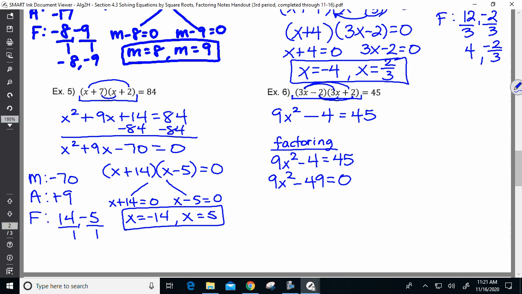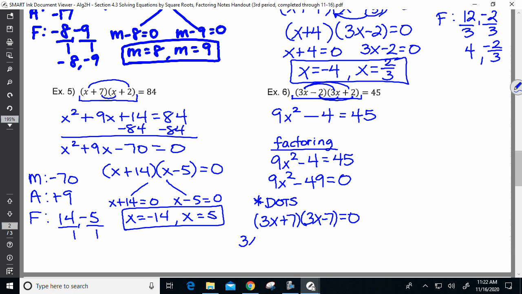So in terms of factoring, there is no greatest common factor, but the 9, the x squared, and the 49 are all perfect squares. So this is a difference of 2 squares problem. So remember, don't forget difference of 2 squares. So that's 3x plus 7, 3x minus 7 equals 0.